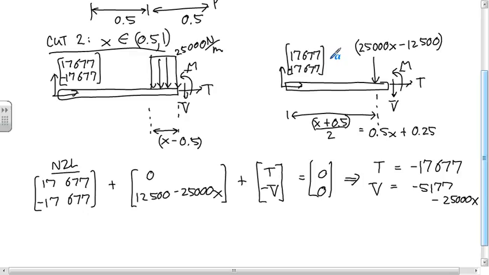My solution has the downward force as 25,000 times the average of x and 0.5, which doesn't make any sense. So yeah, my solution is wrong for cut 2. Sorry about that.